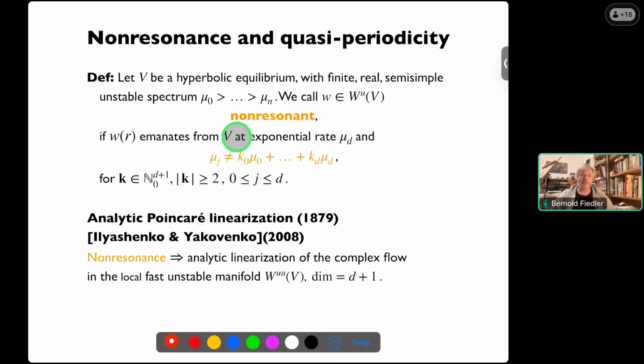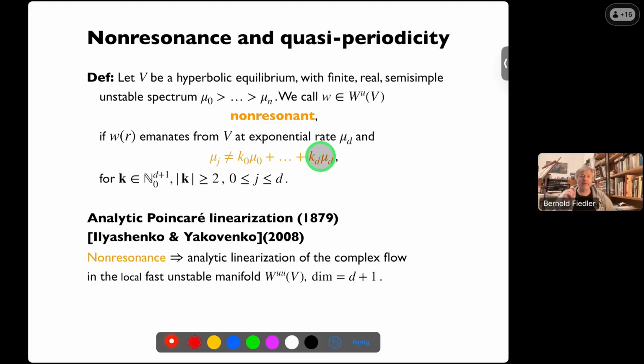Now, the next important notion is non-resonance. And here I work in the analytic finite dimensional unstable manifold of a hyperbolic equilibrium. And the eigenvalues are non-resonant if I cannot write one of them as an integer combination of the others.